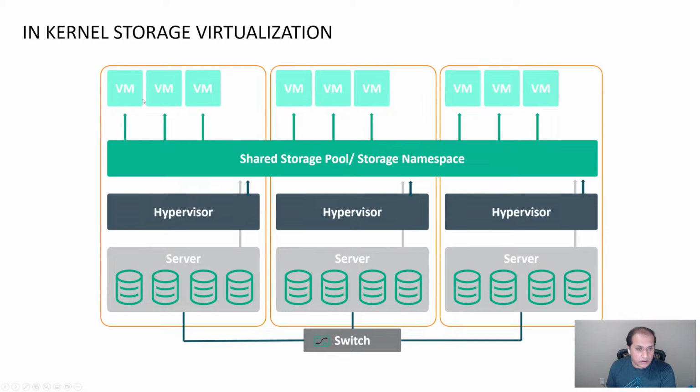You have compute virtualization using VMs. You have storage virtualization with a shared storage pool. You have networking virtualization with software-based open switches on each individual node, connecting to the top of the rack switches. So this is the difference between both of these architectures.